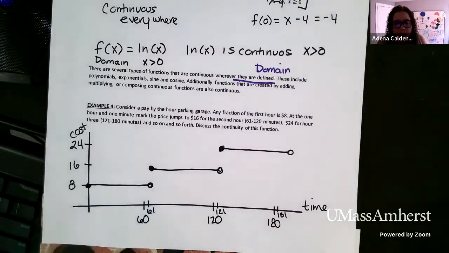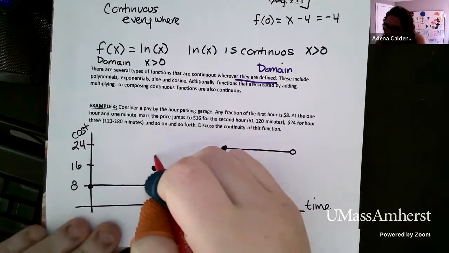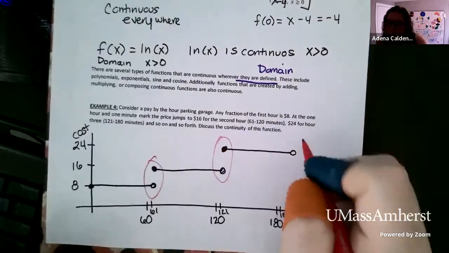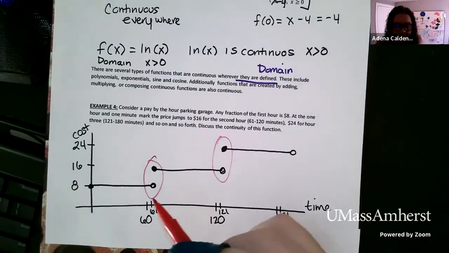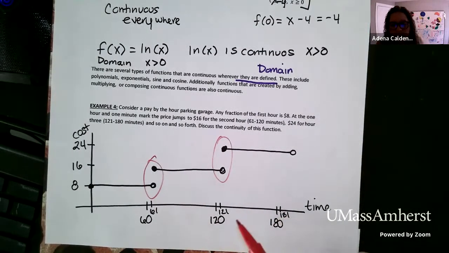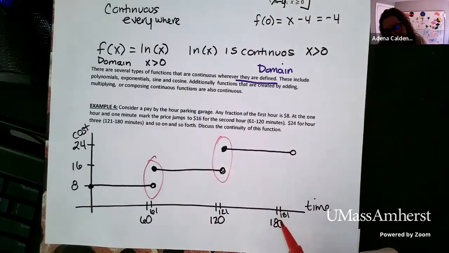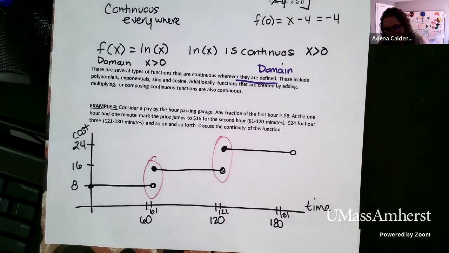You can draw that without any issues. Where we have these issues is where we change over into the next hour, whenever we jump up into the new hour band. So this happens at 61 minutes, 121 minutes, 181 minutes, right? And so we can predict by looking at multiples of 60, and then you go one more, that's when we're not going to be continuous. That's when that jump is going to happen.